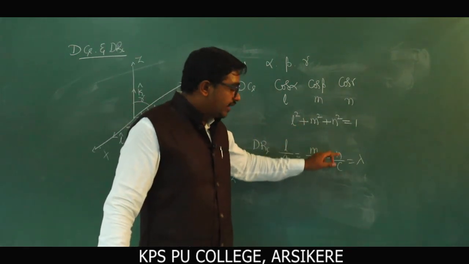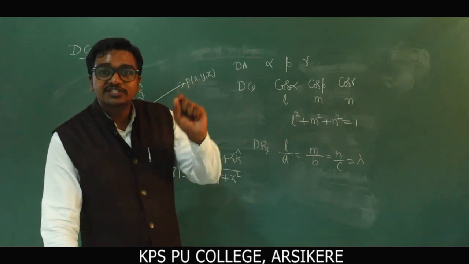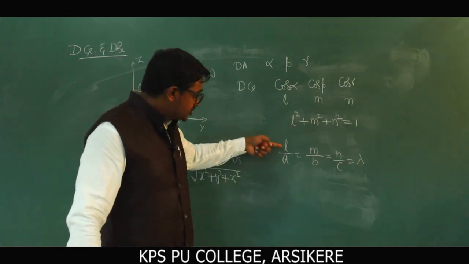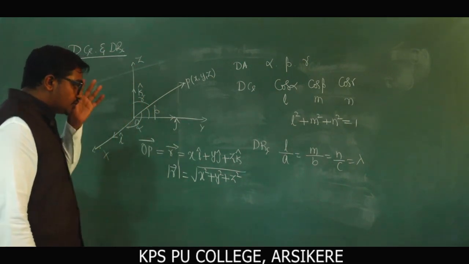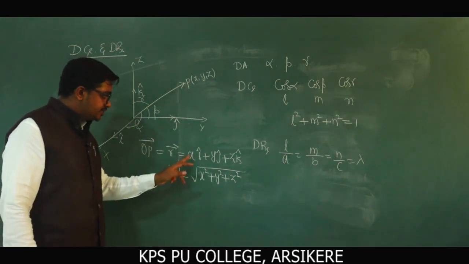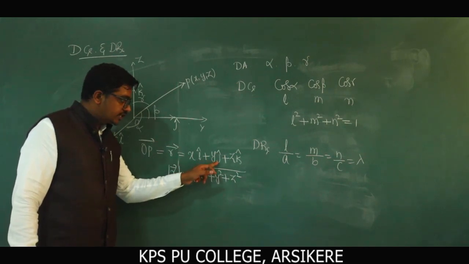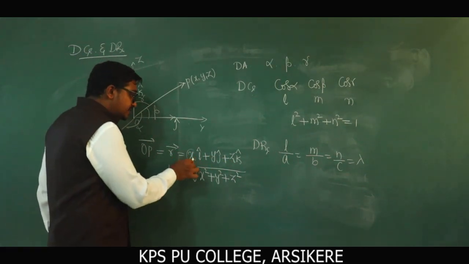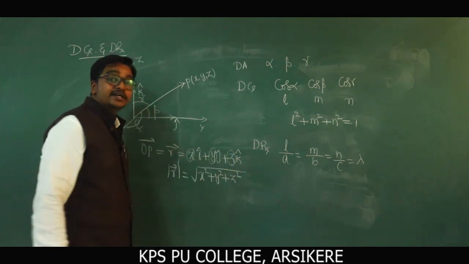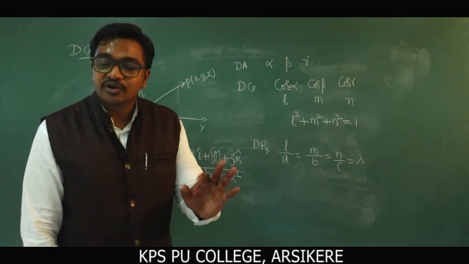L, M and N are called direction cosines. And observe here, whenever we have vector R equal to x into I cap plus y into j cap plus z into k cap, here x, y, z represent the scalar components of the vector.